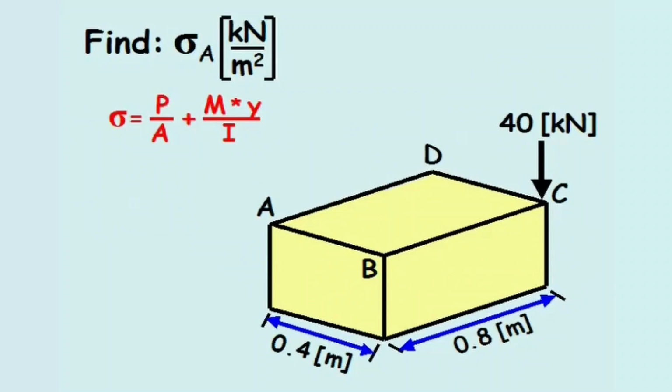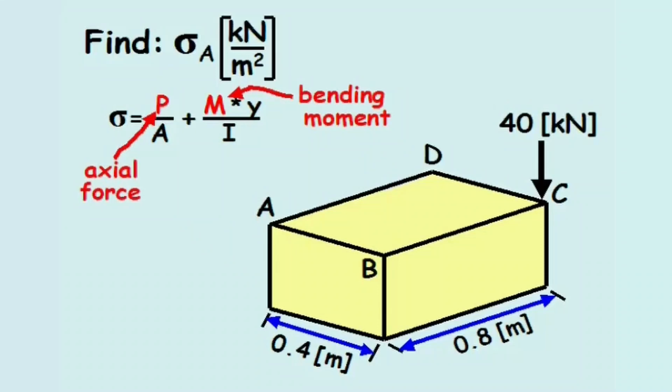The normal stress in the prism equals the normal stress caused by the axial force plus the normal stress caused by the bending moment.